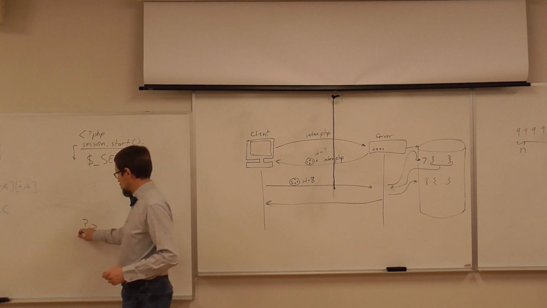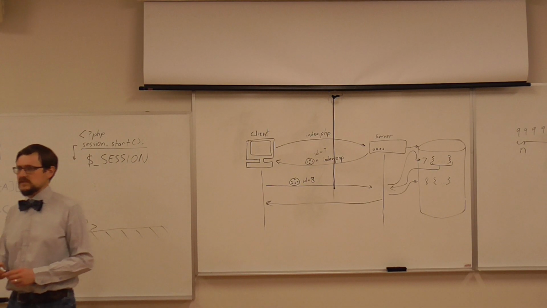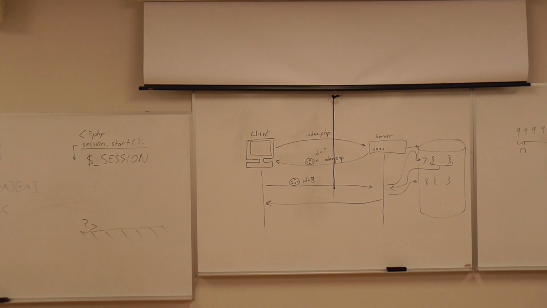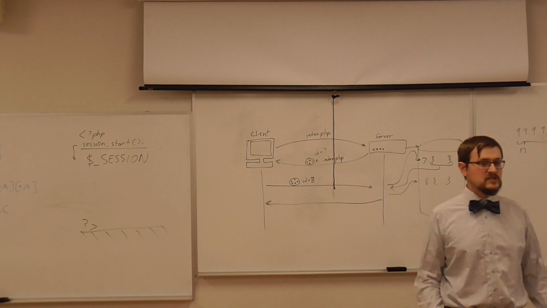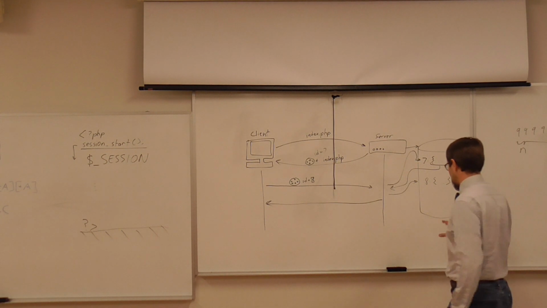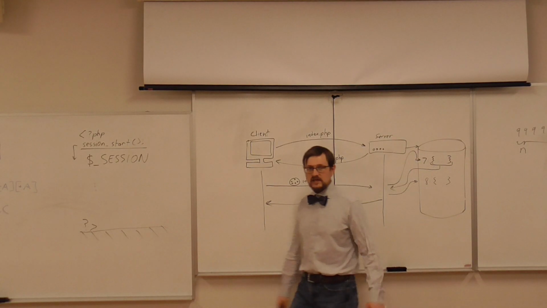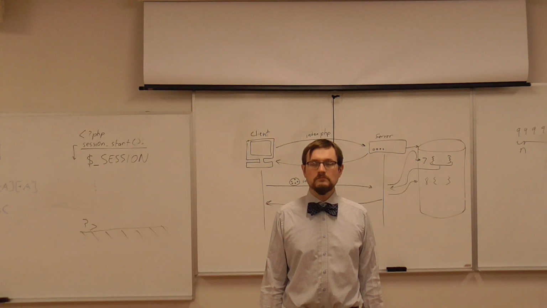Okay. So you don't even need to call a method? Not unless you have a reason to. You might have a reason to, but in most cases you won't. When you reach the end of the file, any changes made to the session superglobal are automatically saved into the session database. Make sense?